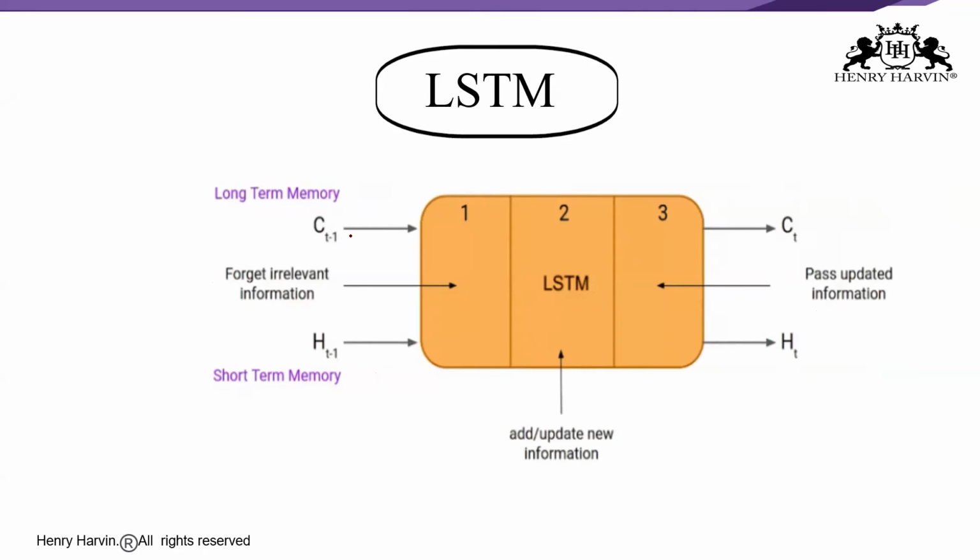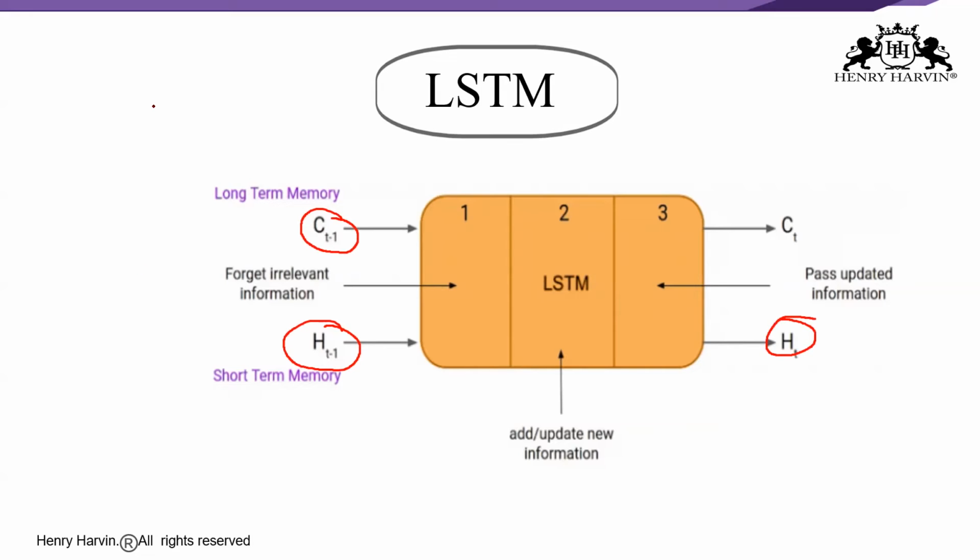The hidden states are called short-term memory, and the cell state is called long-term memory. The cell state carries the information along the timestamps. So let us try to understand how this basically works.